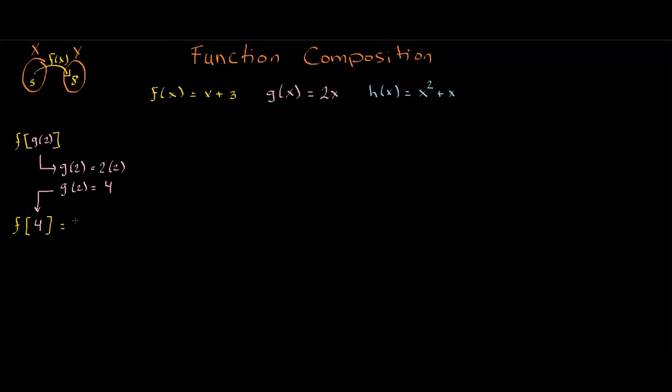So we could say it this way: 4 plus 3, and this would be equal to 7. I'm just going to copy here the original statement, f of g of 2, and place it where it's supposed to be. So that's what we basically did: f of g of 2 would be equal to 7.